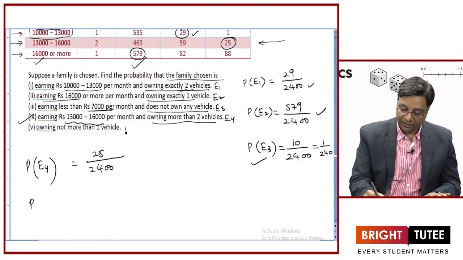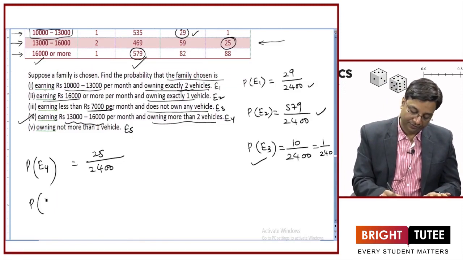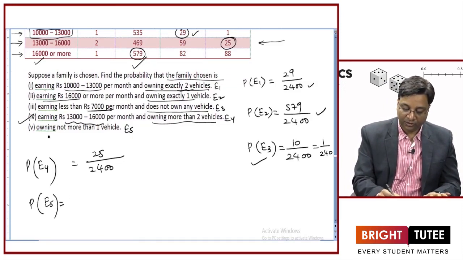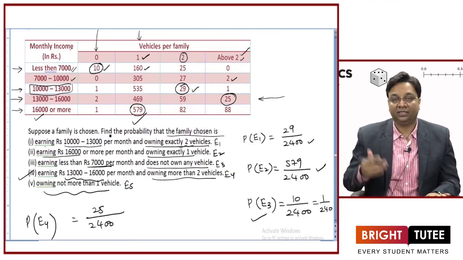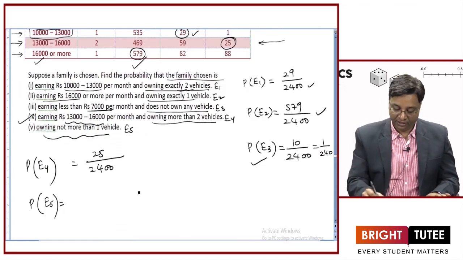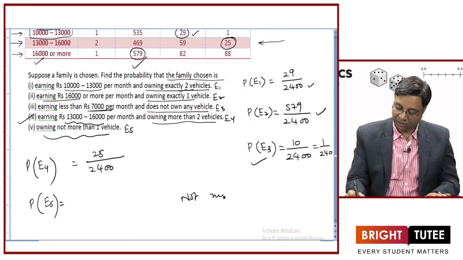Probability of event 5, owning not more than 1 vehicle. So not more than 1 vehicle means either 0 or 1. Not more than 1 means either 0 or 1, right?